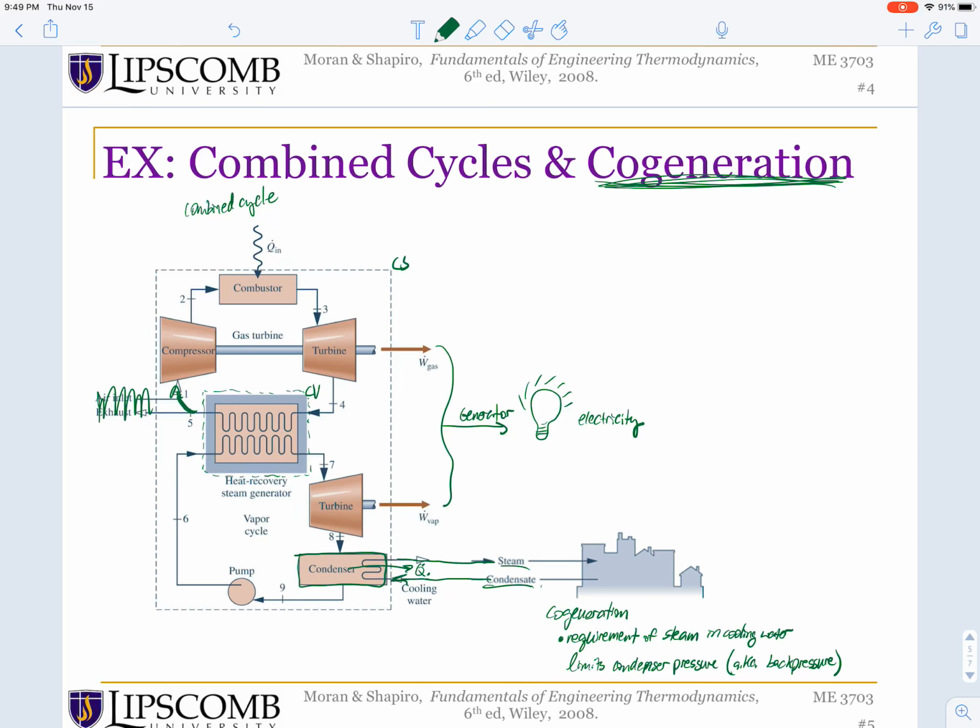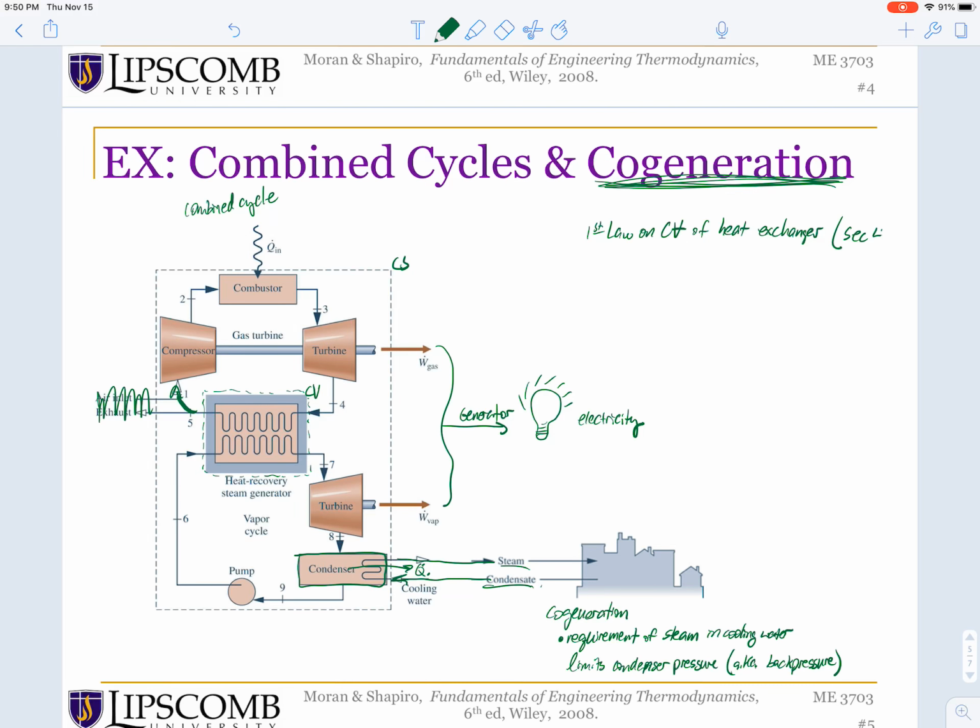The other thing I'll mention here is that the heat recovery steam generator is just a heat exchanger. So we can apply the first law. It's the only different looking device than what we've covered recently. So the first law on the control volume of the heat exchanger.